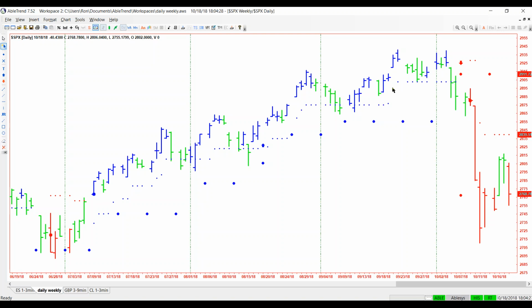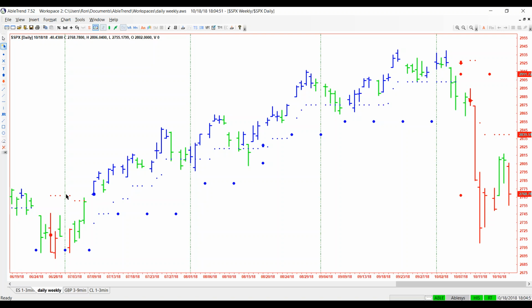Always put the stop loss on the second lower row of small blue dots. But here would actually be a short signal, or to buy puts. And that would have been a tremendous trade because it's down 120 points from when the sell signal came in. 120 points. That's a huge move down that the software AbleTrend picked up on 2 weeks ago.